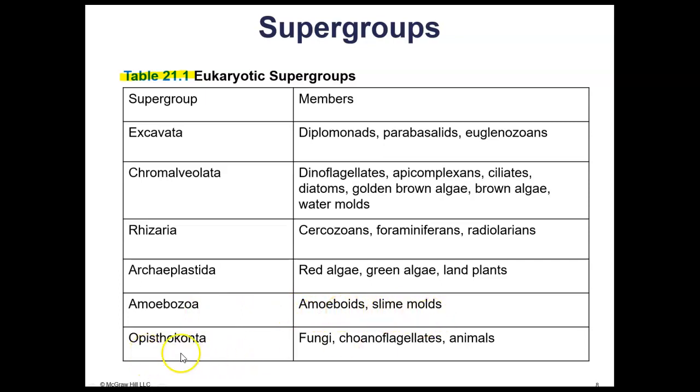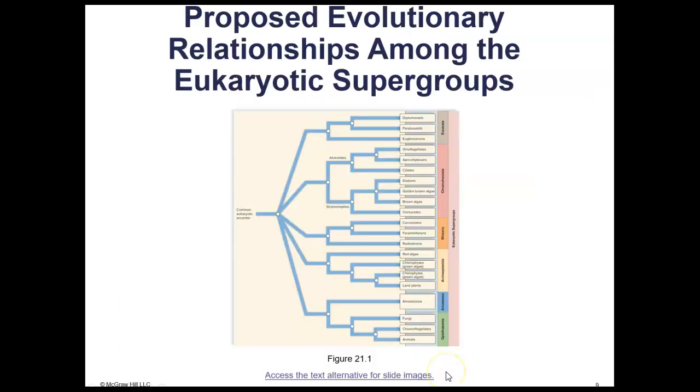And the Opisthokonta are the fungi, the choanoflagellates, and the animals. And the main thing to know about the Opisthokonta is that the protozoans, which are called choanoflagellates, share this supergroup with fungi and animals. Okay, so let's move on.